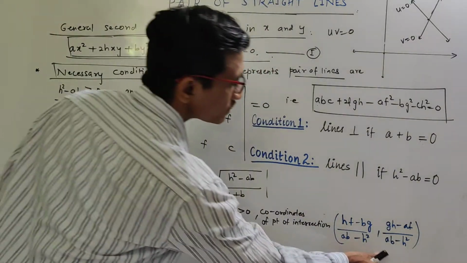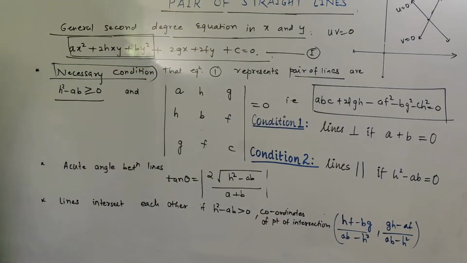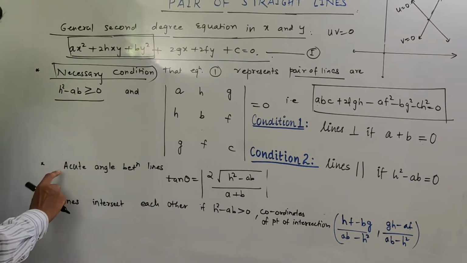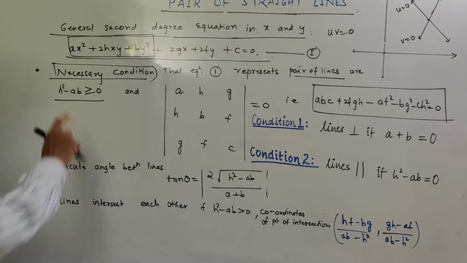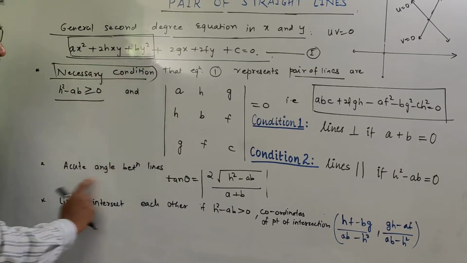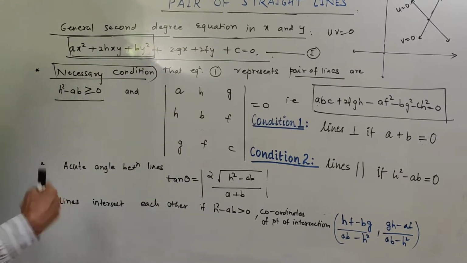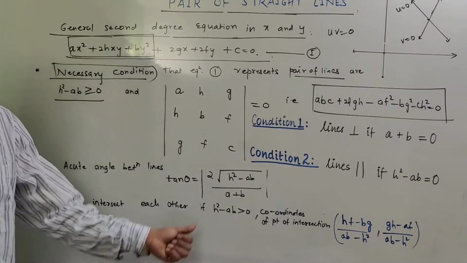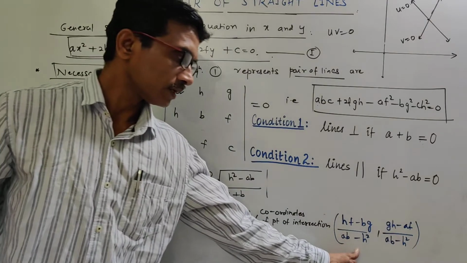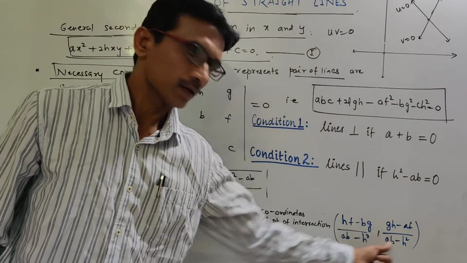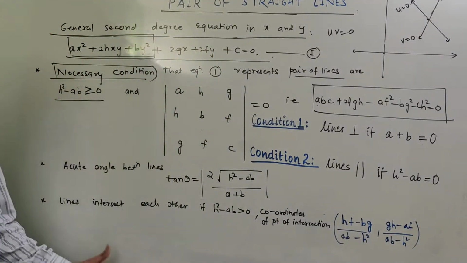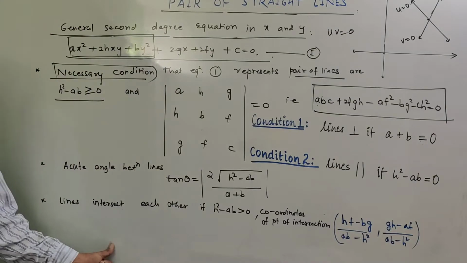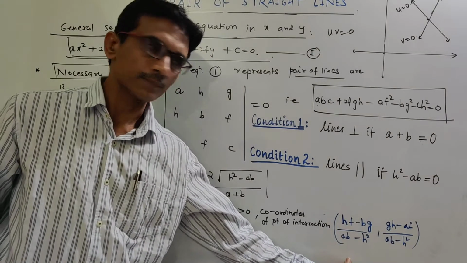So this is what the point of intersection of the lines. क्योंकि हम question में see, question में क्या पूछते हैं कि find the acute angle, or first we find acute angle, then in some question it is asked to find the point of intersection when the lines are intersecting. Short example में ऐसा question है, so there we find point of intersection. So for that we use this formula.